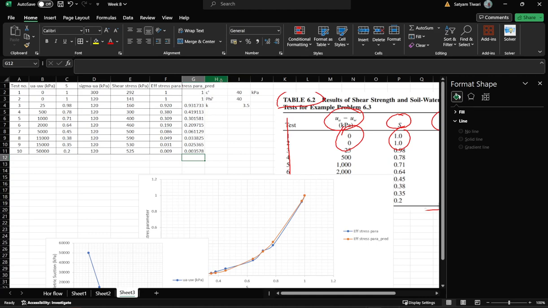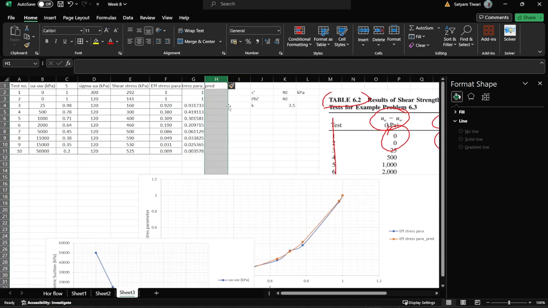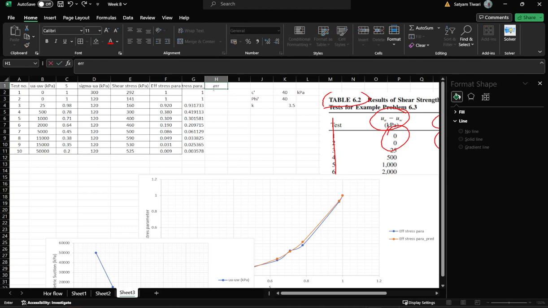So for the solver program, if I do it, we'll insert a column here, and here we'll obtain what the error is. Okay, and maybe mean square error or the squared error. So that will be equal to predicted value minus the value which we have obtained from the Bishop's equation, and the square.